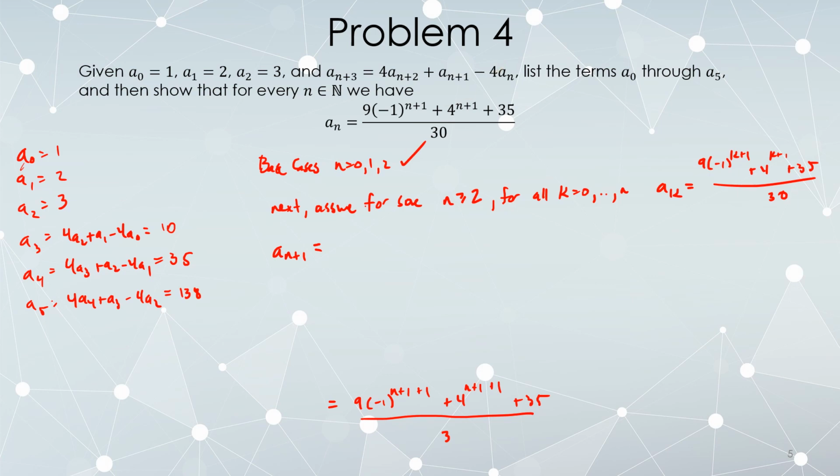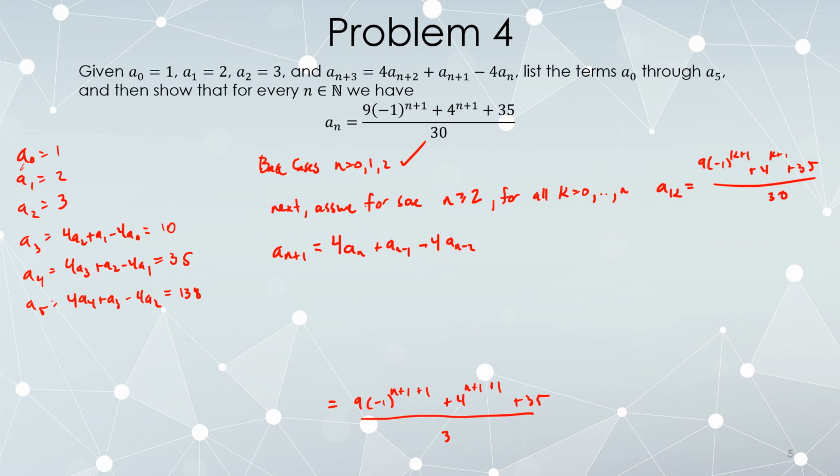We're going to get 4 times the previous term plus the term before that minus 4 times the term before that, and we just verify. Since n was at least as large as 2, n minus 1 and n minus 2 are not negative, so those indices do appear in this list of everything from 0 to n, meaning I'm going to be able to use this formula for index n, n minus 1, and n minus 2. Those are all indices where we have simply assumed that this formula holds.